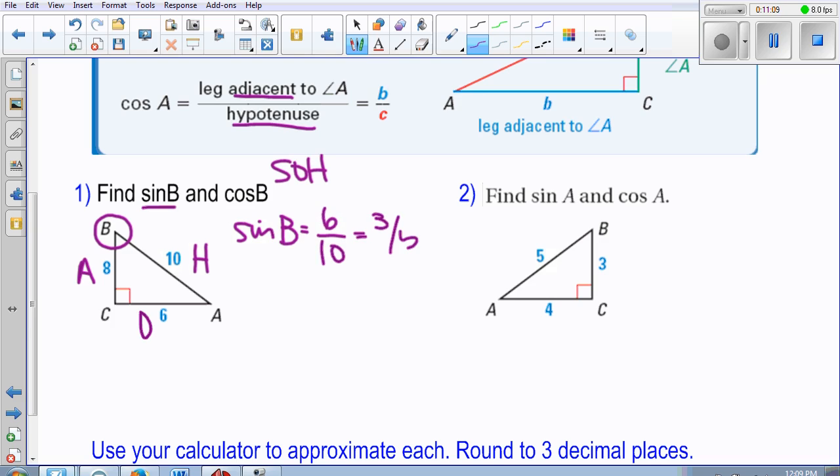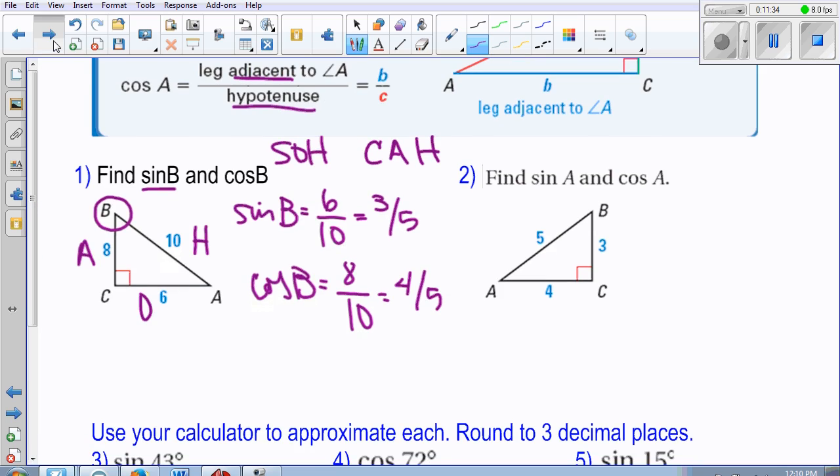Reduced, my sine ratio is 3/5. If I want the cosine of B, we don't use opposite and adjacent, we use adjacent and hypotenuse. So adjacent in this case is labeled as 8, hypotenuse is 10, so we have a reduced ratio of 4/5.